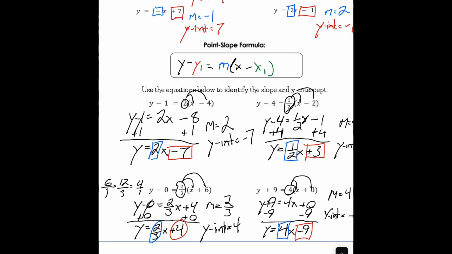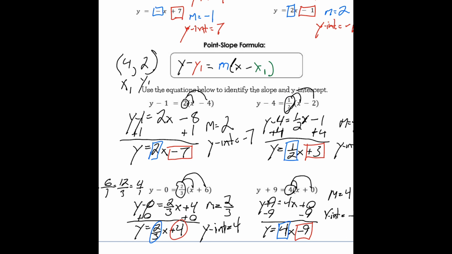In our point slope formula, our y and our x will always be a y and an x. Those are never changing. Our y1 and our x1, those are our points. So when we are given a point, for example 4, 2, that is our x1 and our y1.